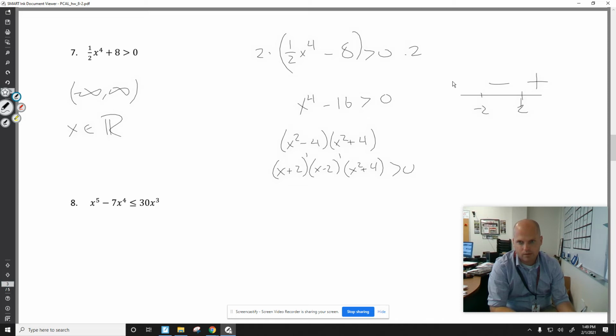Pass through the 0, pass through the 0. When is this greater than 0? This is what I think the question was originally intended to be, but I could be wrong. X is less than negative 2, x is greater than 2, or negative infinity to negative 2, don't include it. 2 to infinity include it.